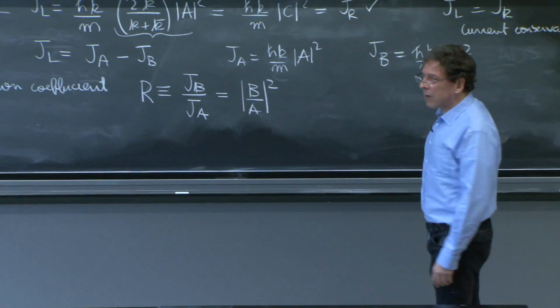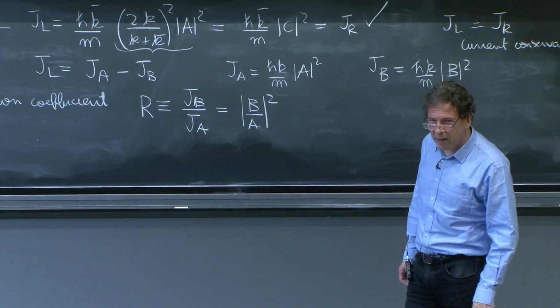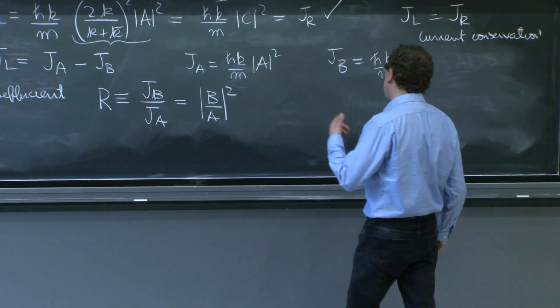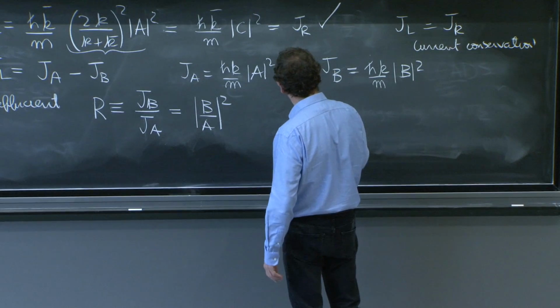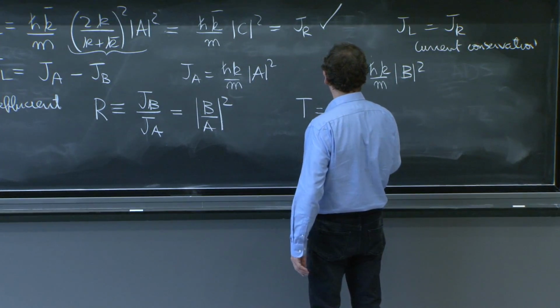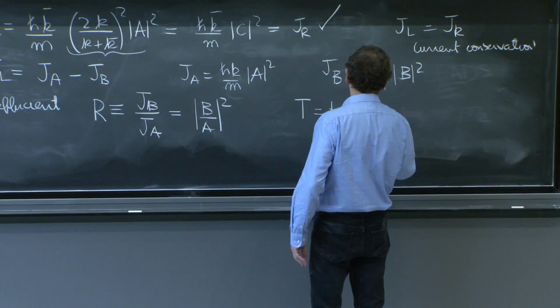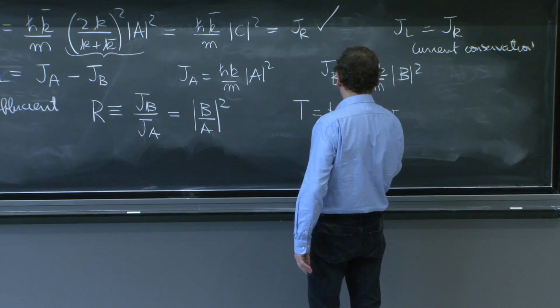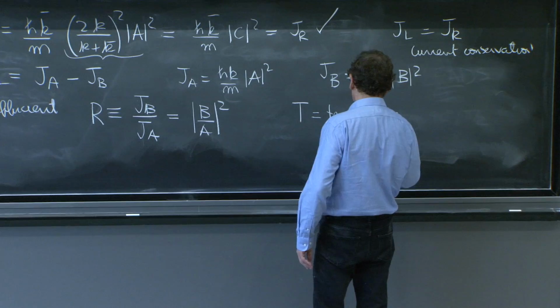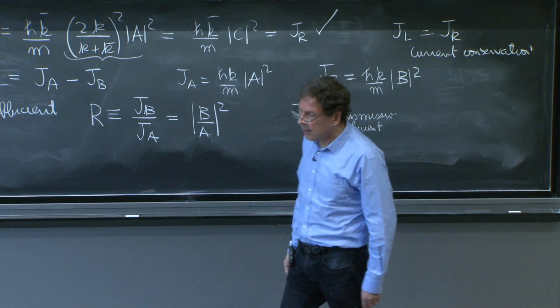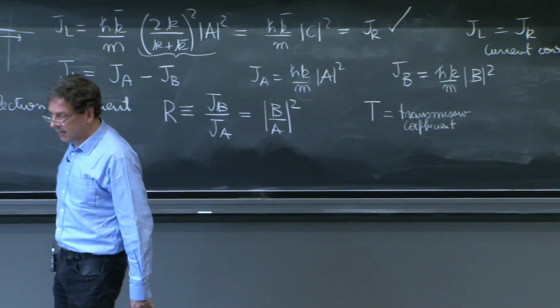Now, we could have a transmission coefficient as well. And here is something where we sometimes make a mistake. T is going to be the transmission coefficient. And how should we define it?